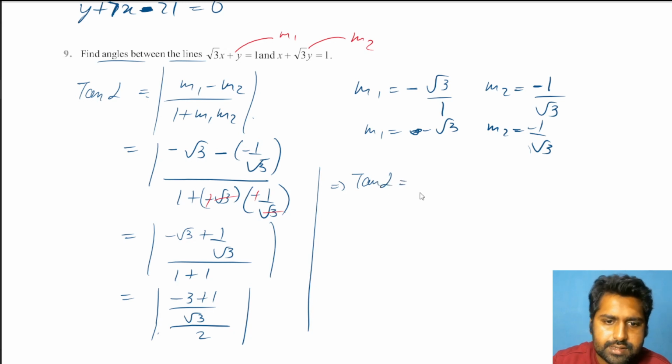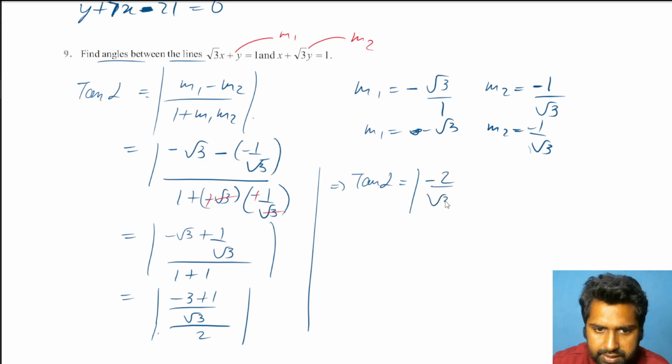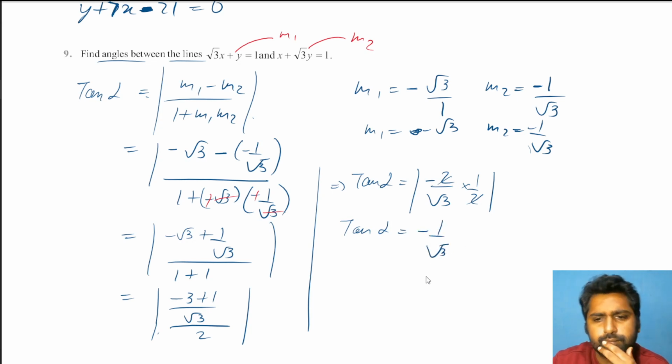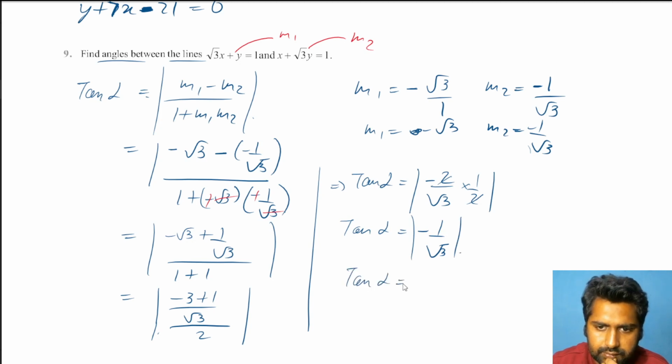Tan alpha is modulus of minus 2 by root 3, and that 2 becomes 1 by 2 if we take it in the numerator and reciprocal it. Cancels it. So tan alpha is equal to minus 1 by root 3, modulus, so tan alpha is 1 by root 3. So alpha is 30 degree.